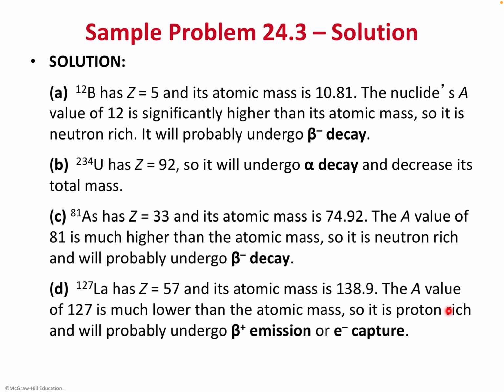So it is proton rich and will probably undergo positron emission or electron capture. That is how you look at a given atom and decide whether it would undergo beta decay, alpha decay, positron emission or electron capture.